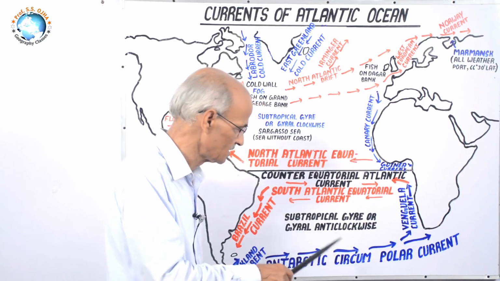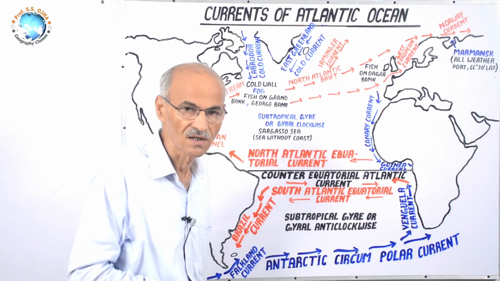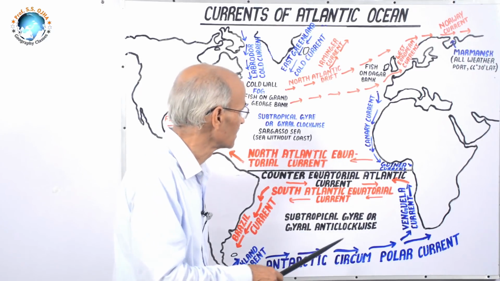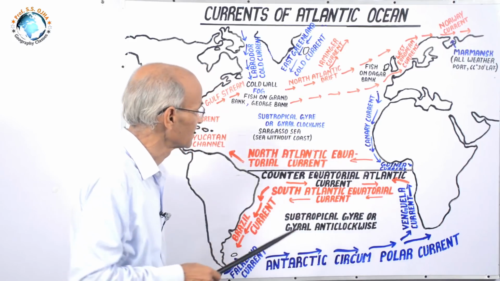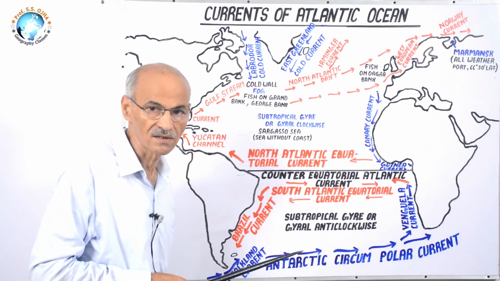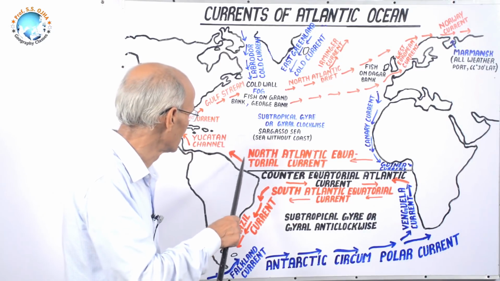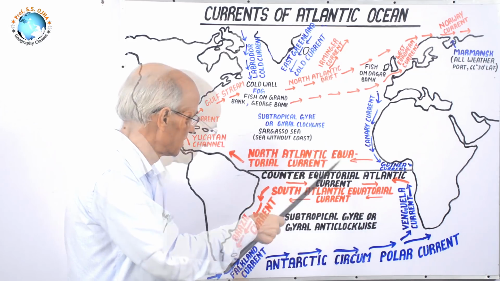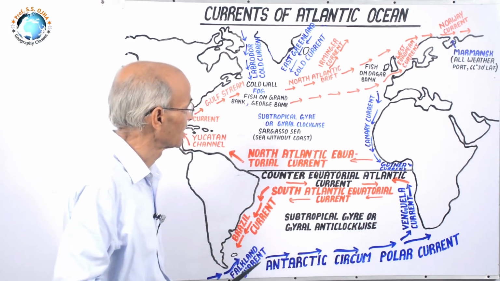That is why in the Southern Hemisphere ocean there is no subpolar gyre. So this is about the currents of the Atlantic Ocean, and you will write it in two paragraphs. One, the currents of the North Atlantic Ocean and the currents of the South Atlantic Ocean.